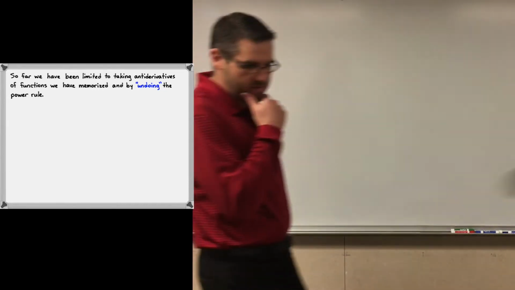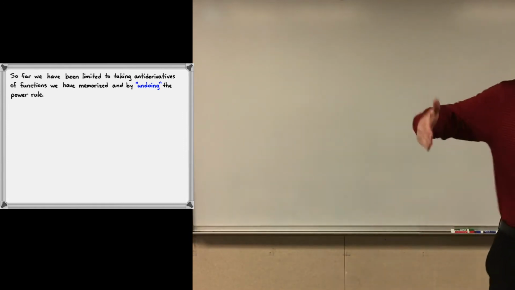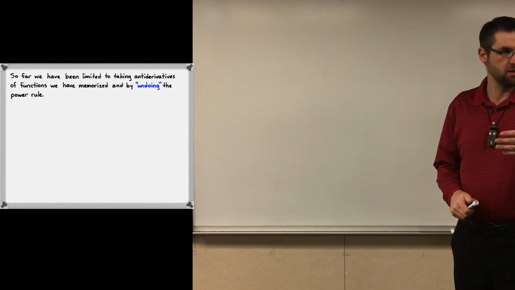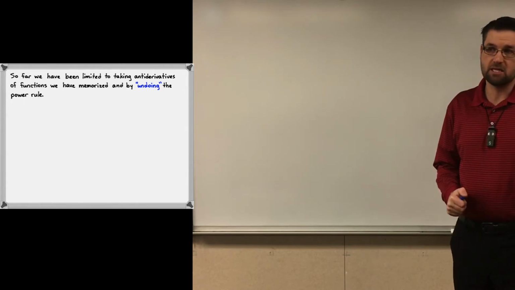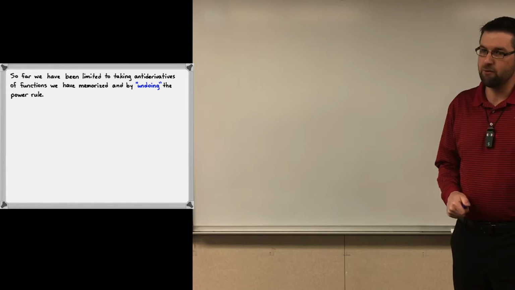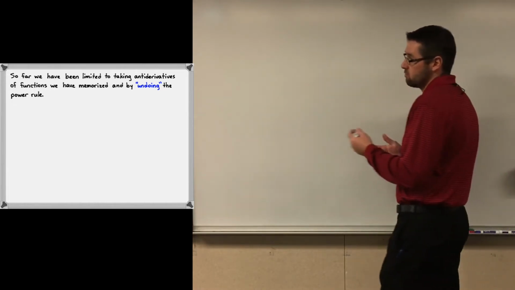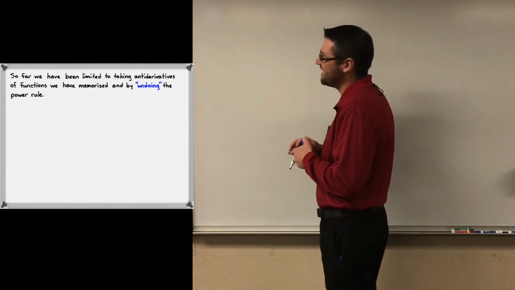The only way we know how to take an antiderivative right now is if we can undo something that we know the derivative of. So we've been focusing on the antiderivative of basic trig functions, the antiderivative of 1 over x or any polynomial, or anything like logs or exponents that we can undo easily.